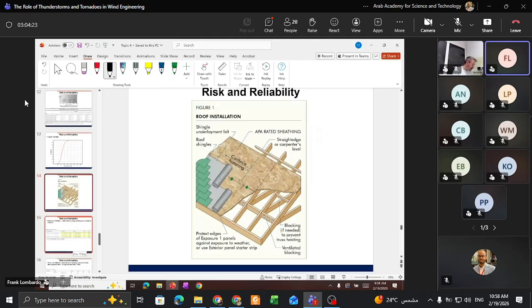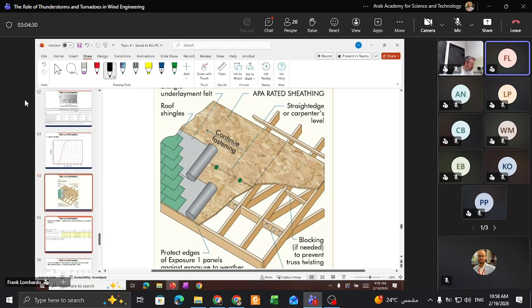Okay, a couple things. Here's an example of a roof panel. You can kind of see it here. This is an example of a typical roof installation. Even though it's a blown up view, the panel is like here. So this is a panel.